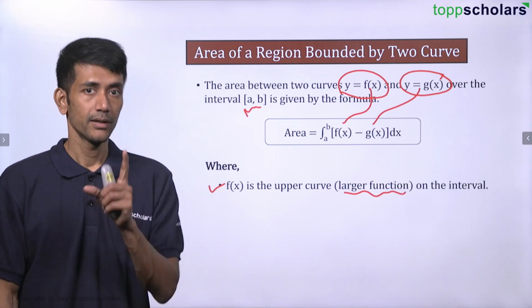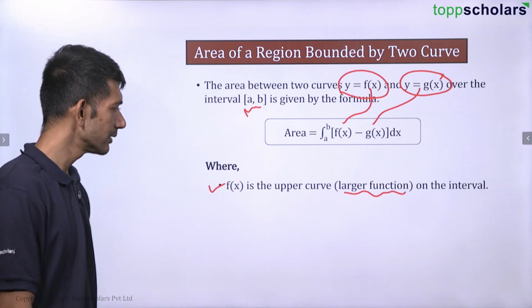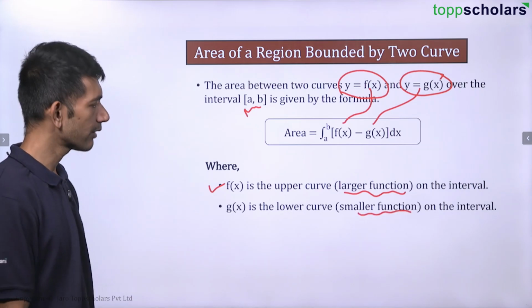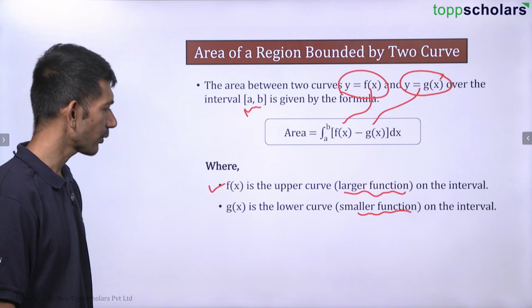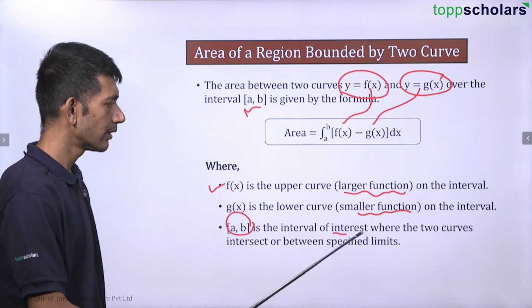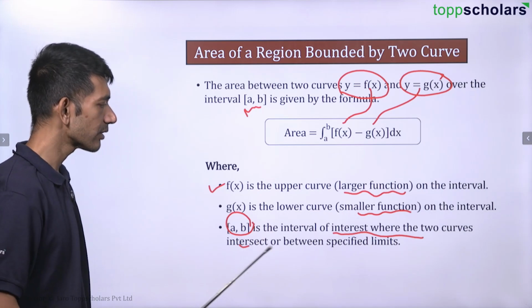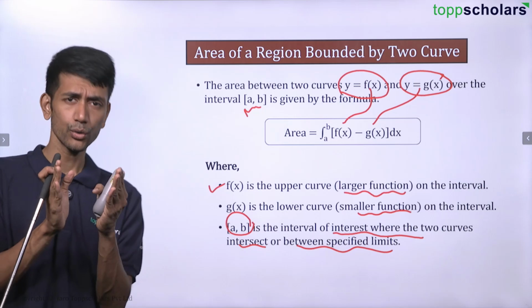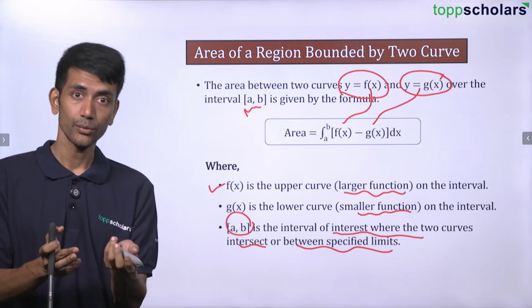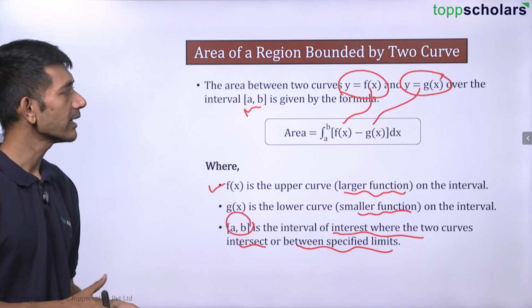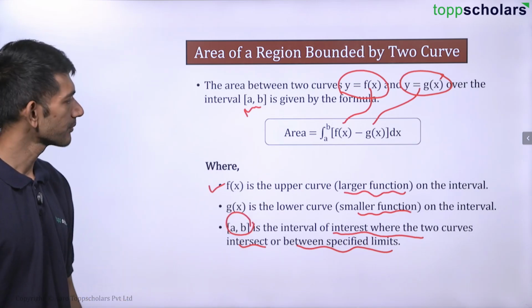Remember, f(x) is the larger function and g(x) is the lower curve, the smaller function on the interval. And a to b is a closed interval where the two curves intersect or are between specified limits. The limits will already be given to you. If they are not given, we will find those out, and then between that specific interval, we'll find the area under the curve.